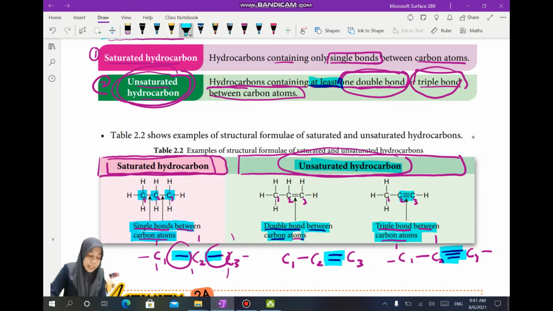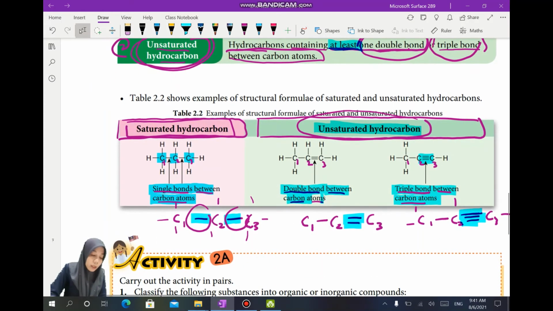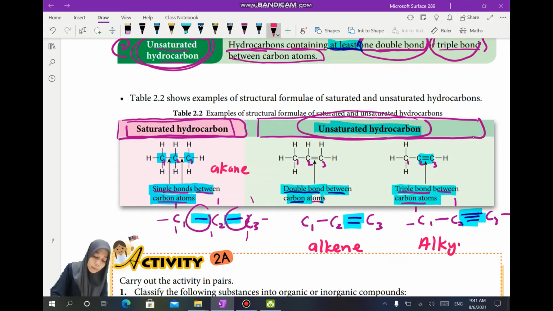Boleh? Okay, actually this one we call alkene. This one is alkene. Apa beza dia?